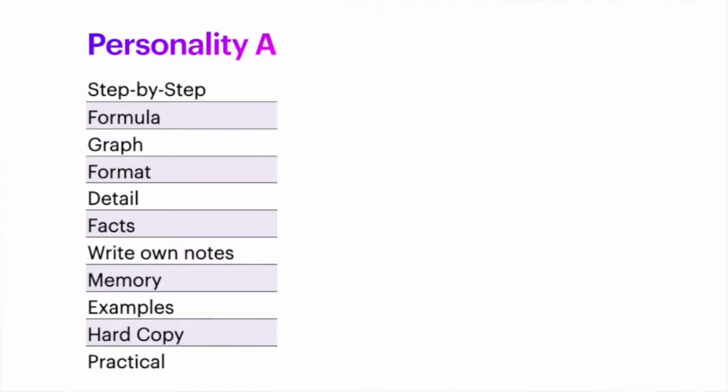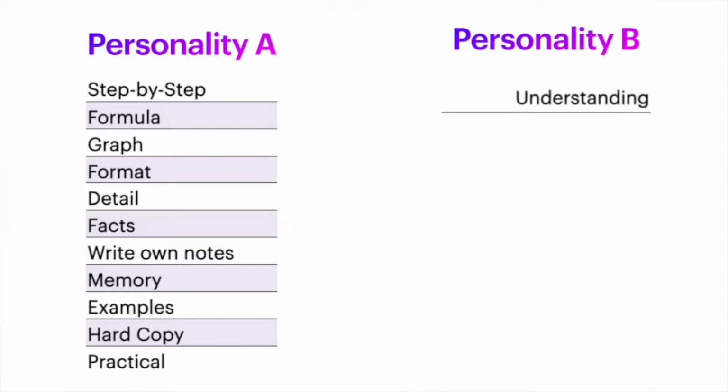Now let's have a look at personality B. Personality B, you first want to understand what you study. It is important for you, therefore, that when somebody writes a formula on the board, your question is, but why is it written like that?